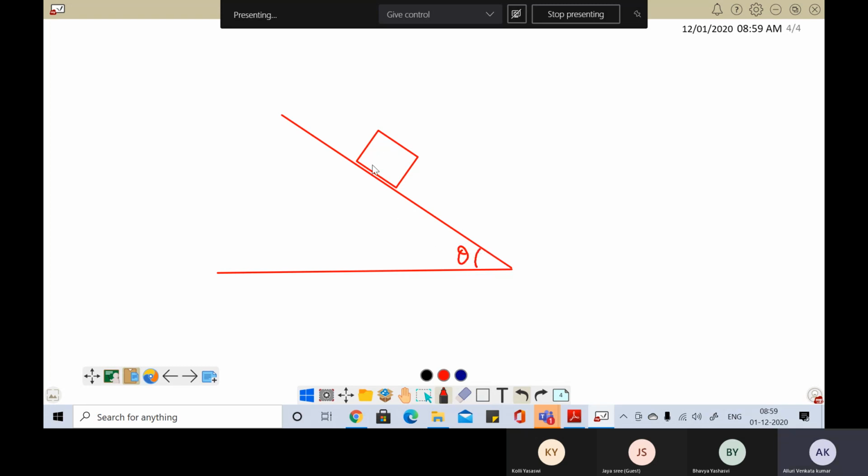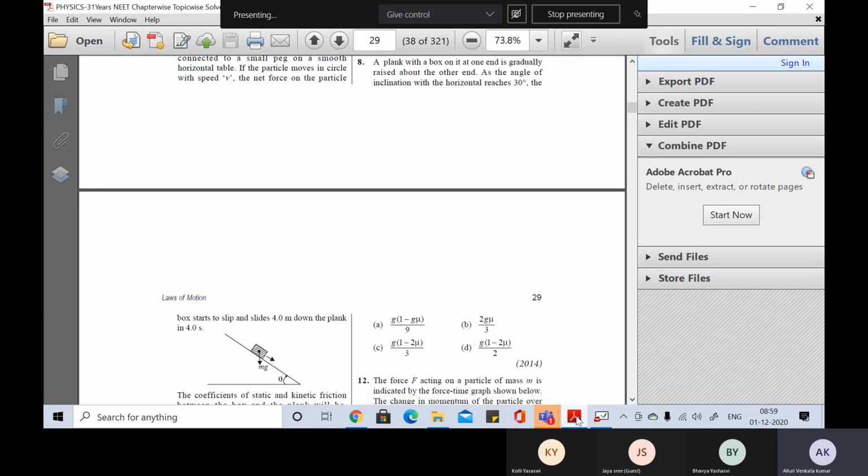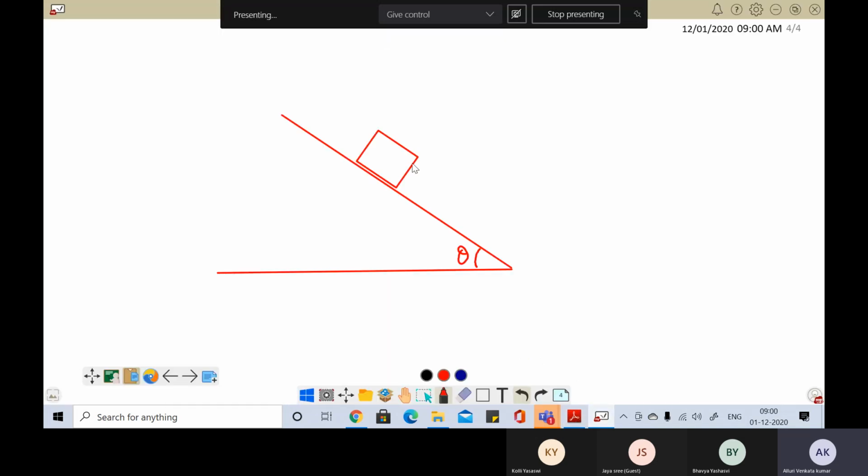Now what are the forces acting on this block? Let us say m is the mass of the block. Sir, gravitational force mg and normal reaction upwards. Correct. Mg downwards and normal reaction upwards.